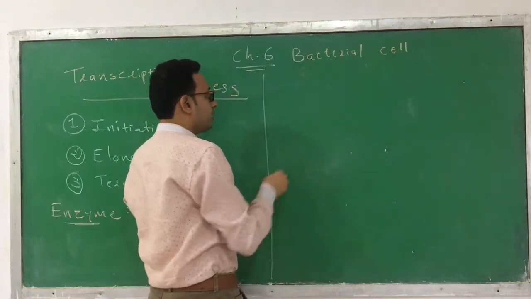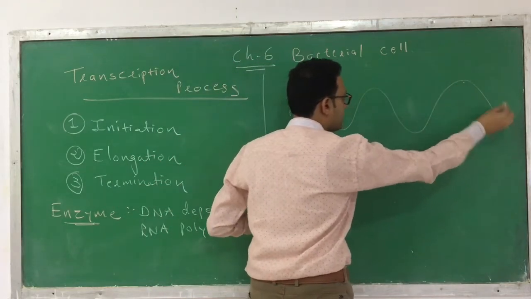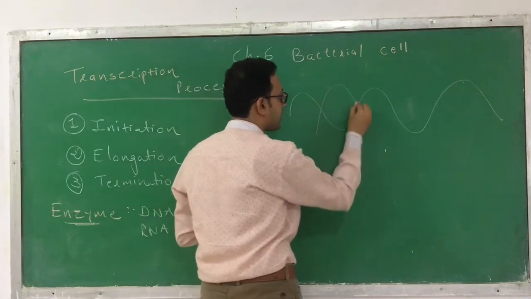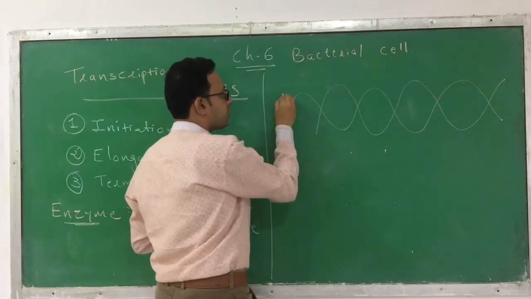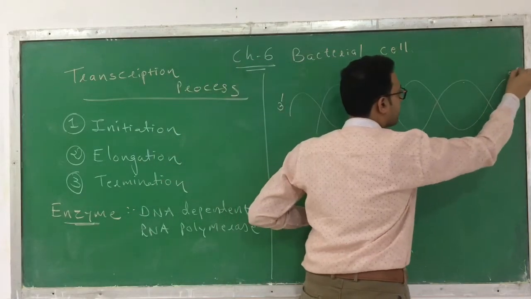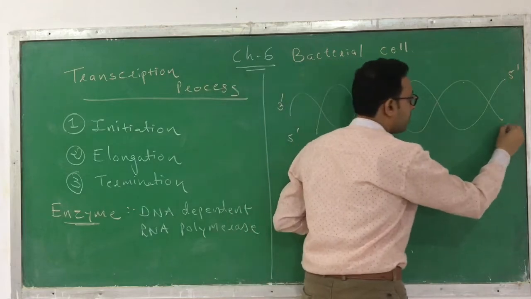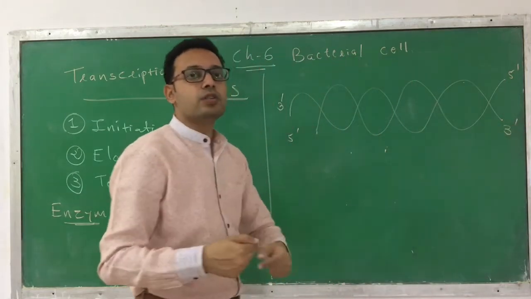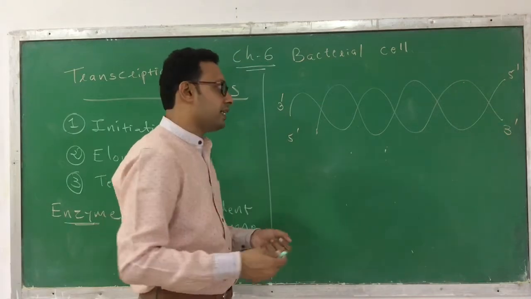You know that the structure of DNA has two chains. This is the first chain and this is the second chain. This chain is 3' to 5', and this chain is 5' to 3', because in the structure of DNA both chains run anti-parallel to each other and are twisted around a single axis.